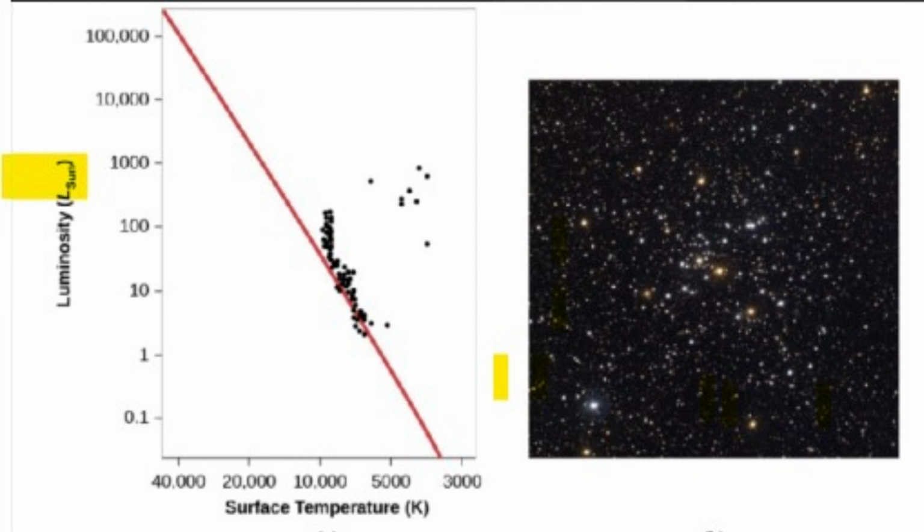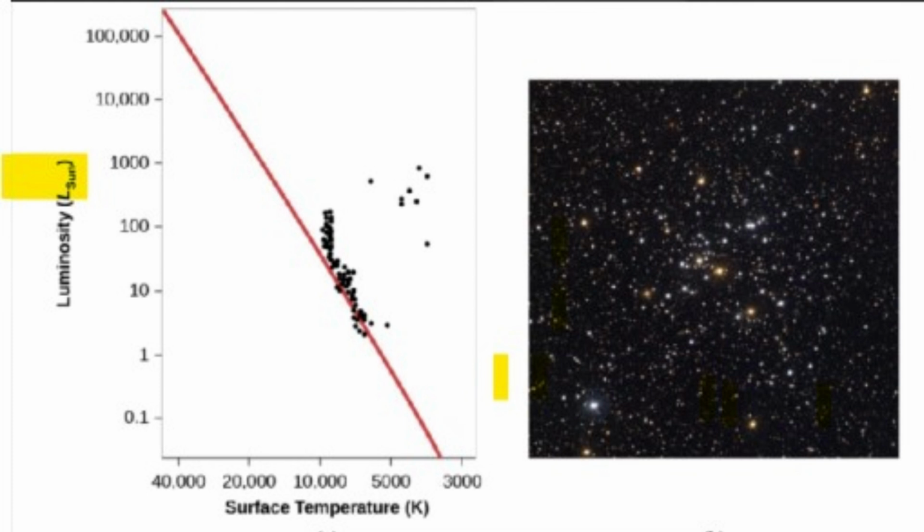Some of its more massive stars are no longer close to the zero-age main sequence. The ground-based photograph shows the open cluster M41. Note that it contains several orange-colored stars. These stars have exhausted the hydrogen in their centers.